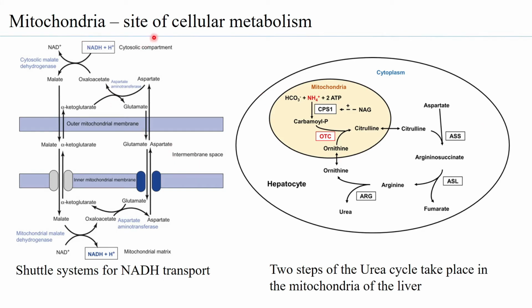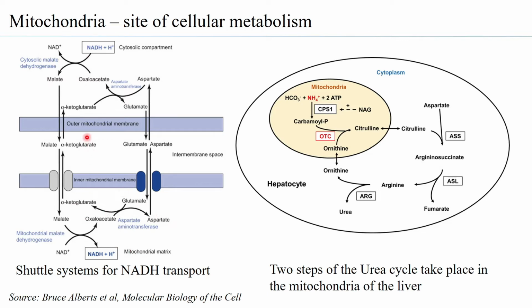Now let us look at the fact that mitochondria, apart from synthesis of ATP, also is a site for several different cellular metabolism. For example, NADH per se is not able to enter the inner membrane. However, you need the NADH from all the pathways that synthesize NADH to give the electrons to the electron transport system to give rise to ATP.